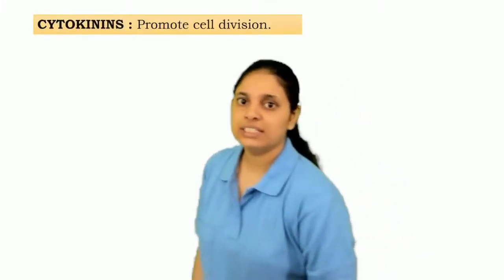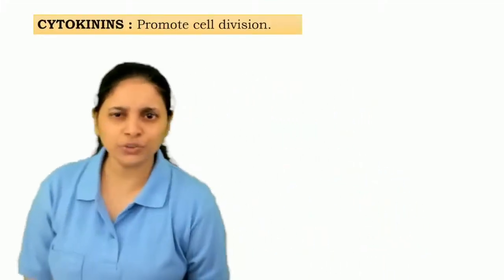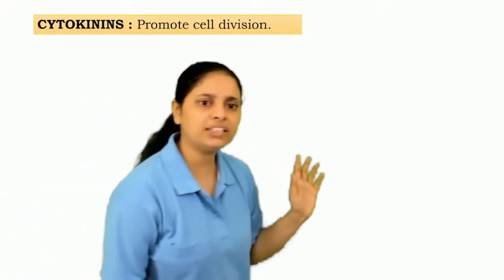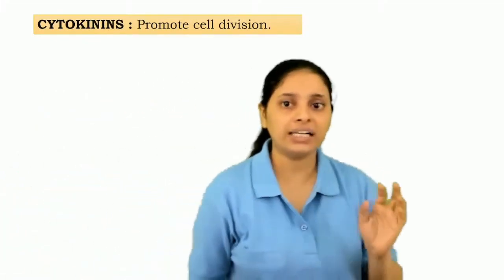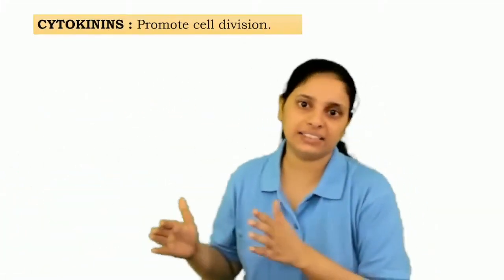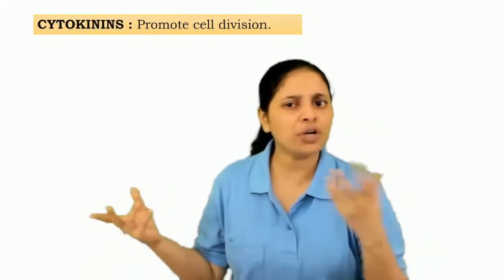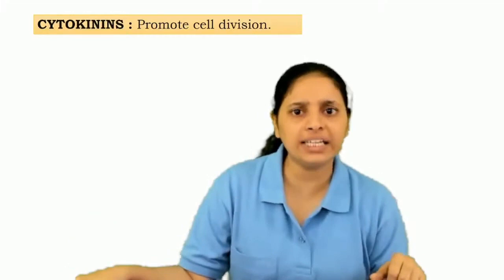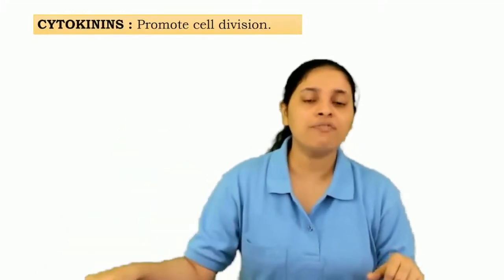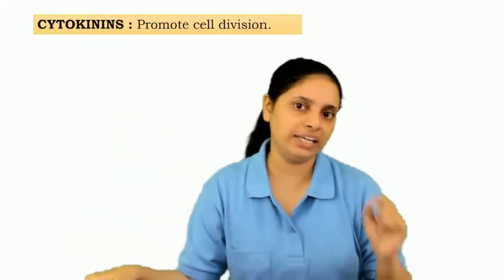Third hormone, cytokinin. So we can basically correlate this word with another term, that is cytokinesis. It refers to the division of cell. So what will be the function of cytokinins? This hormone will promote cell division.